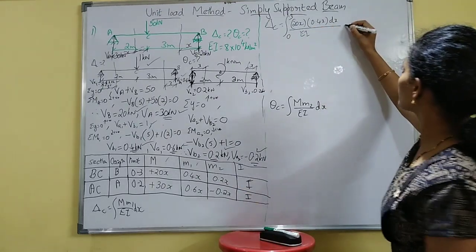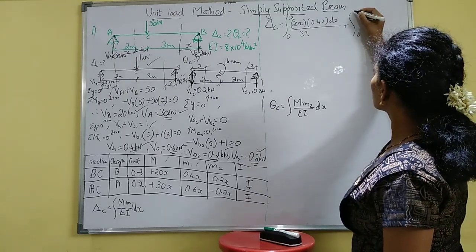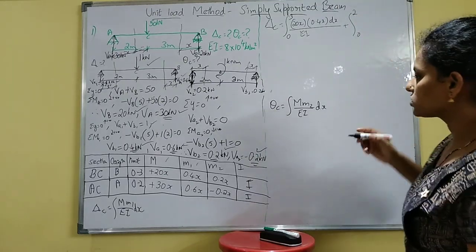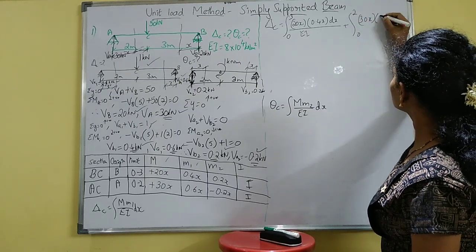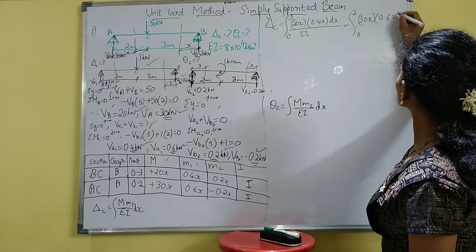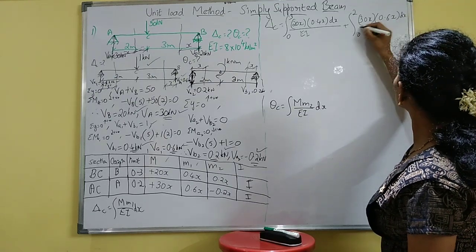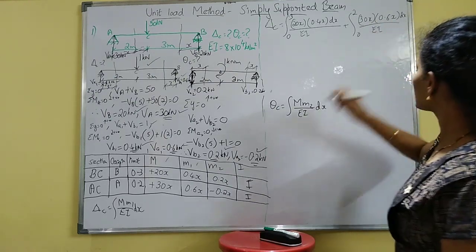Here you have the same moment of inertia, no variation of I and 2I. Next you have the 0 to 2 limit, 30 into x, 0.6 into x, dx divided by EI.